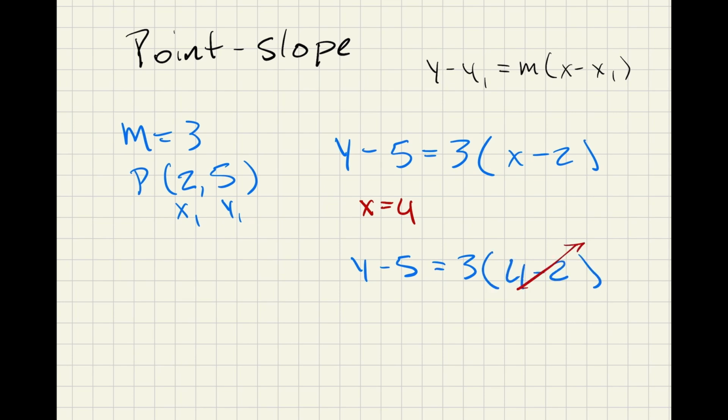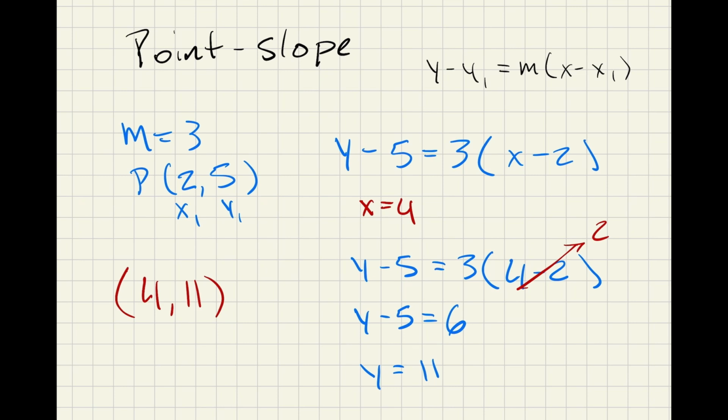This becomes 2, and then 3 times 2 is 6. So we get y minus 5 is equal to 6, or y is equal to 11. So what we just did here was we found a point on the line, which is 4, 11. And that's really what this form is used for, being able to quickly find another point on this line.